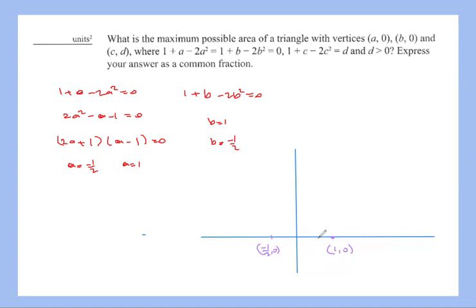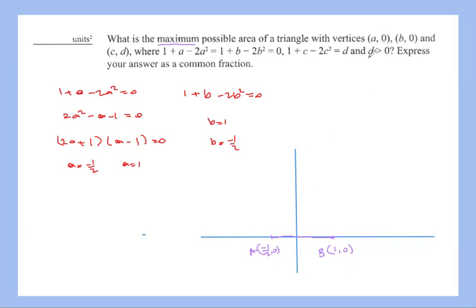And then we are lucky because these two are horizontal, which is going to make one of the sides of the triangle. If I call this A, if I call this B, that's one side. So as long as we know the height, then we can find the area. But the question is asking us to find the maximum area, but we cannot maximize this base. This distance is just constant, right?